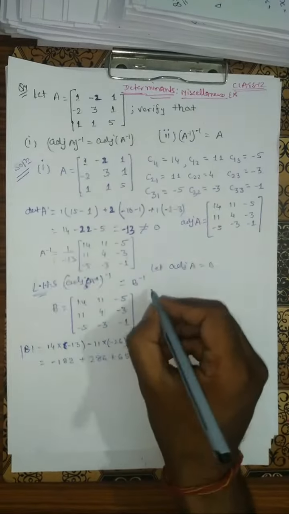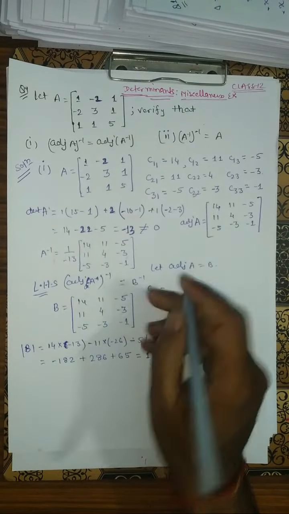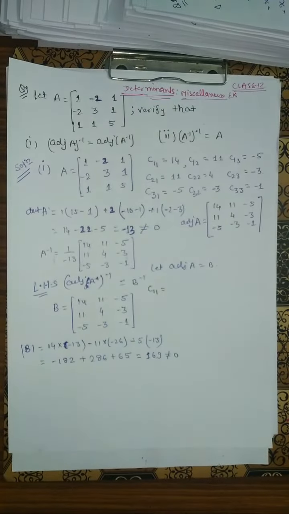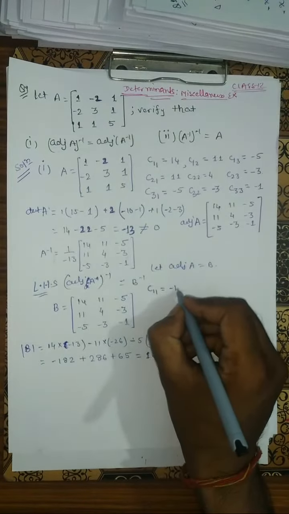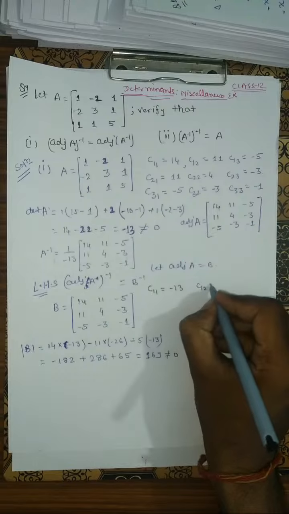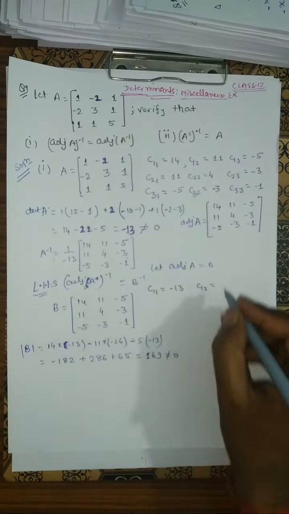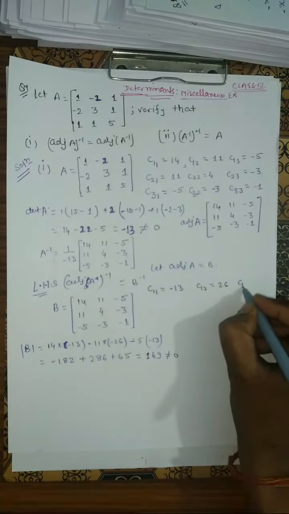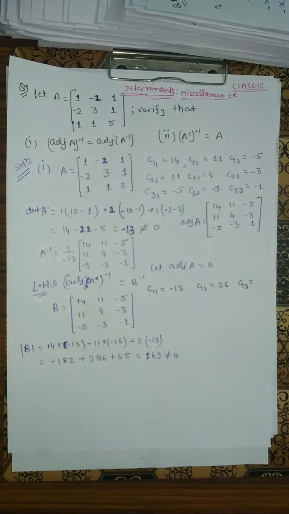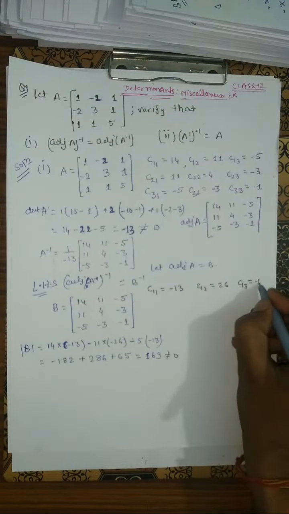cofactor of B. So C11 equal to -4 minus 9 is -13. C12 equal to -26, odd, that's why 26, and C13 equal to -13.